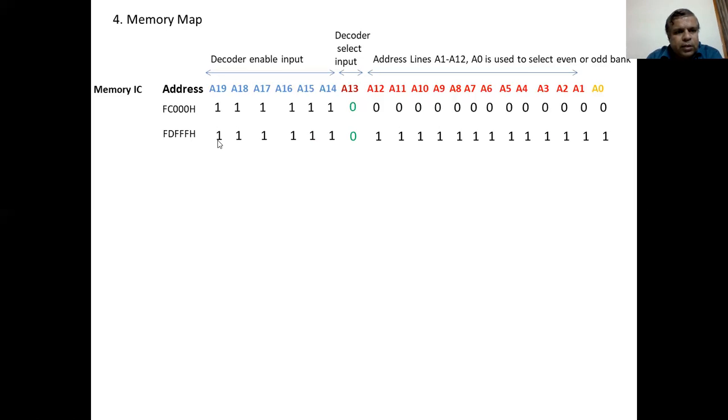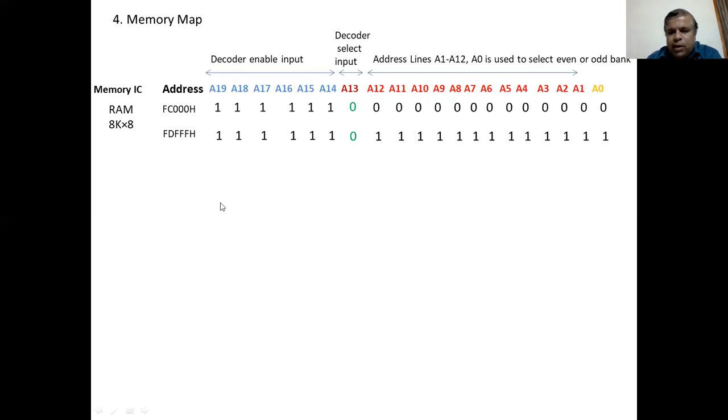Then the end address in hexadecimal is FDFFH. So 1111 is F, 1101 is D, then 1111 is F and 1111 is F. Okay, so this is the starting address and ending address of the RAM, the 8K cross 8 RAM.